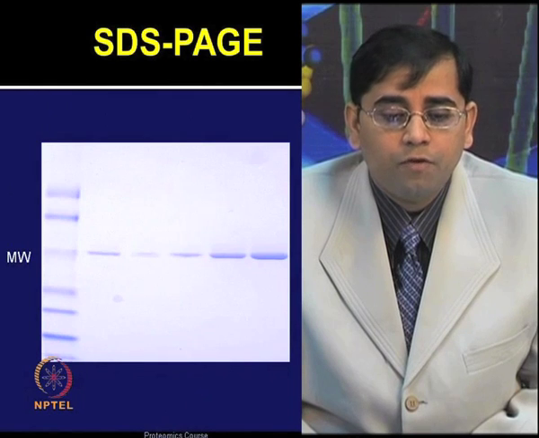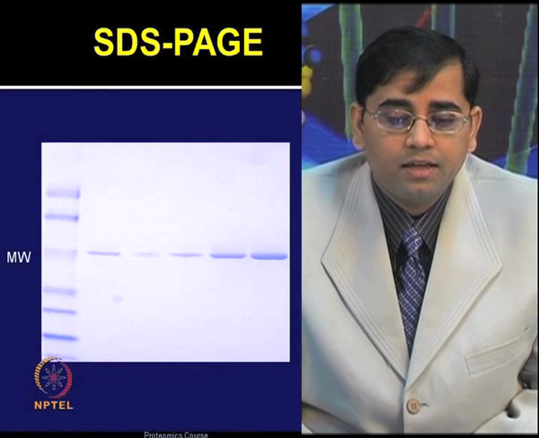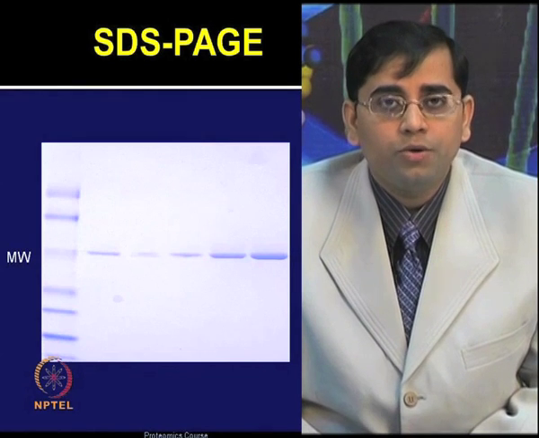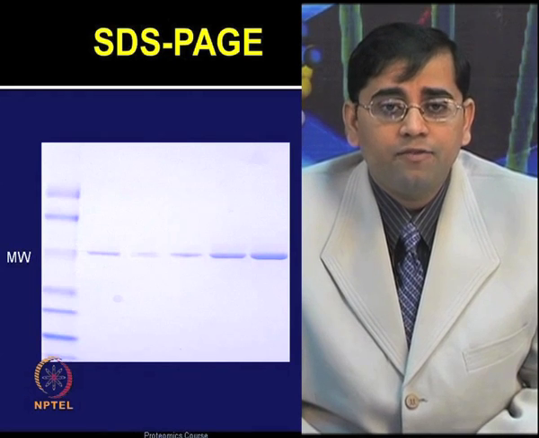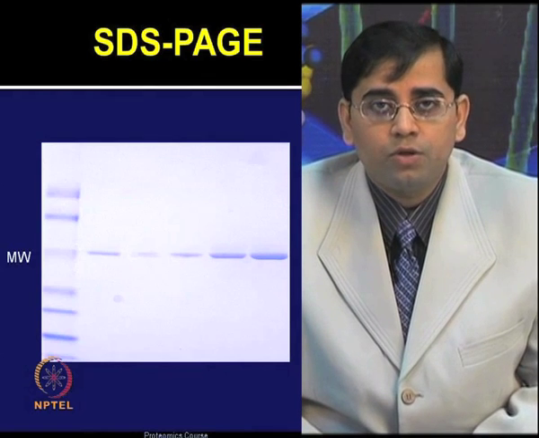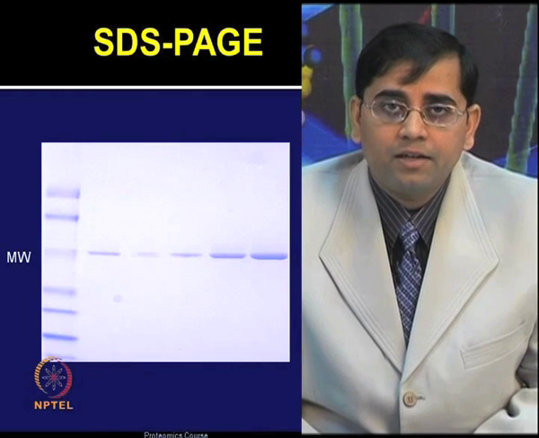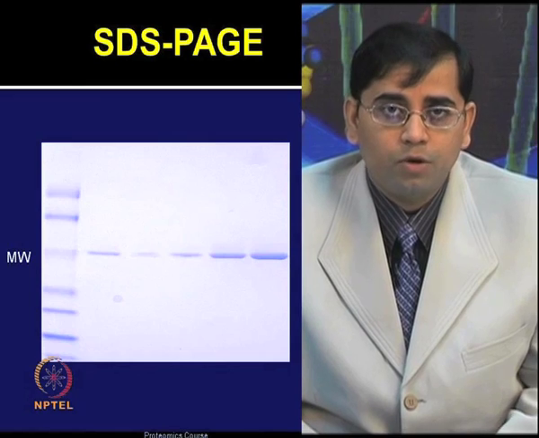I am showing you one SDS-PAGE image in which from the left to the right you can see the first lane is the standard or known molecular weight. In this well you can see at least 5 or 6 bands are visible. These are the known molecular weights, sometimes starting from 150 kilodalton to 10 kilodalton of molecular weight range.